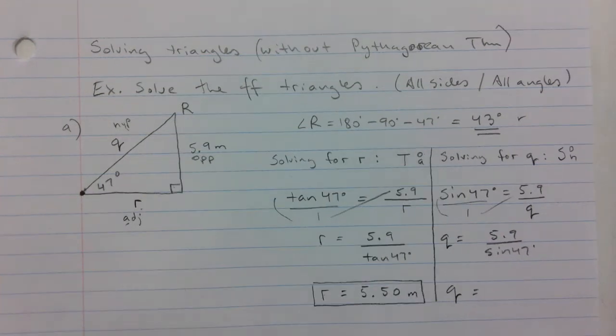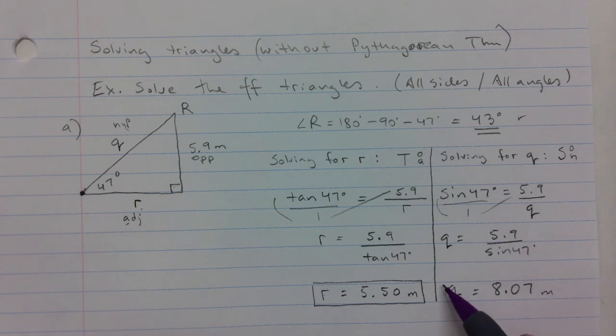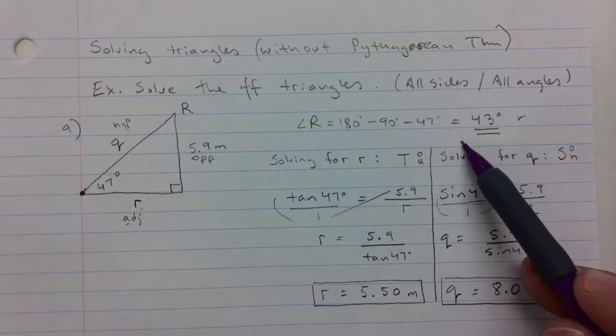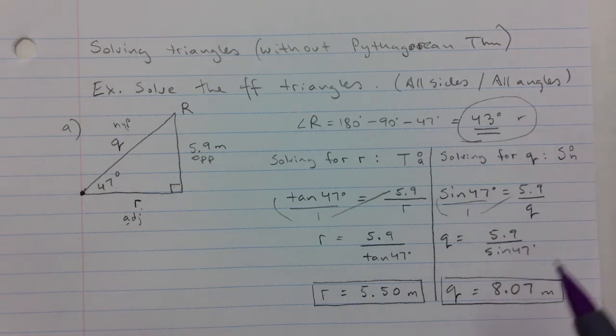Q is 8.07 meters. There you have found angle R, side Q. You found them all, right? And so now you're done, okay?